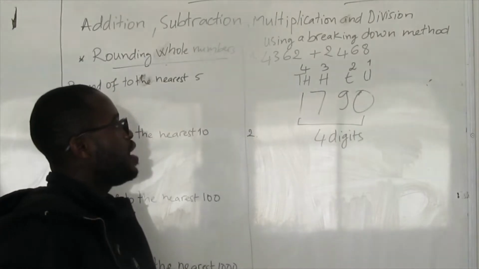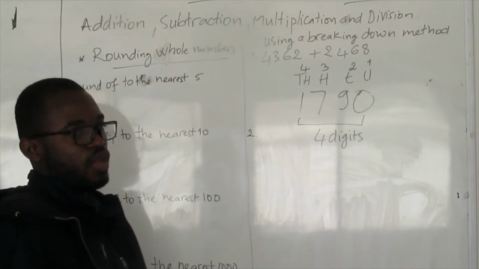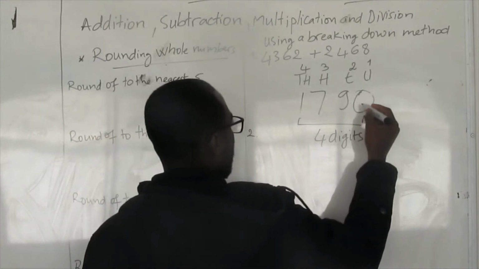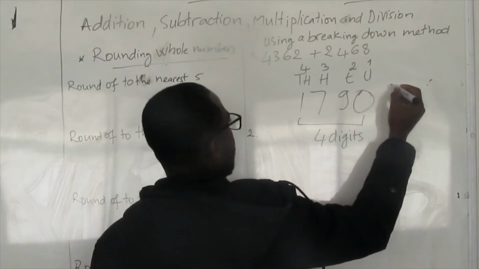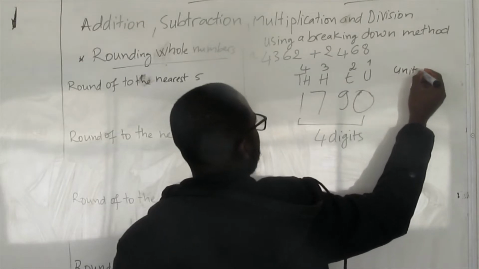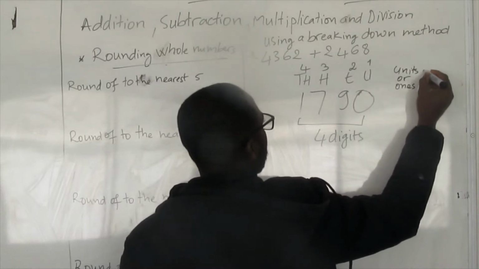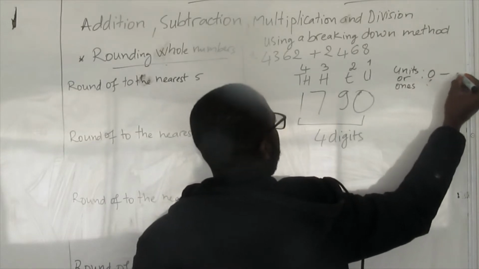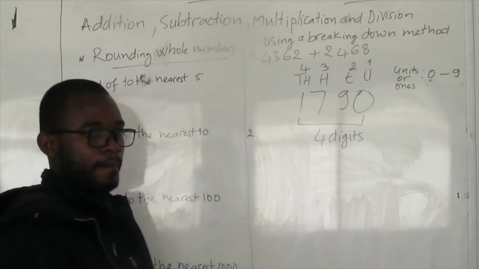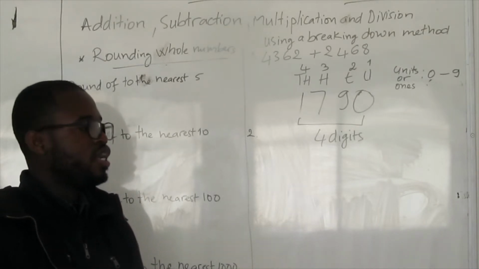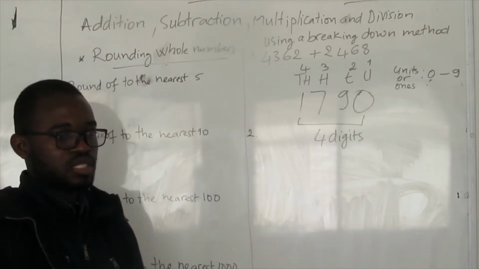This position means the number of zeros. Understand? So we get our units or ones. Units or ones are from 0 up to 9. You understand? 0 up to 9 are units or ones.